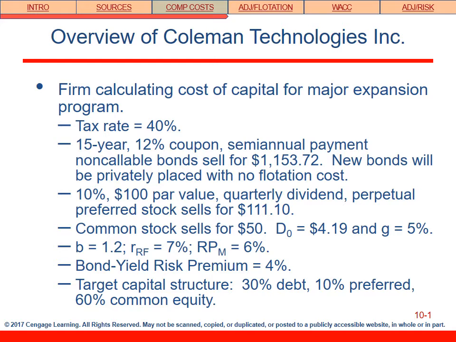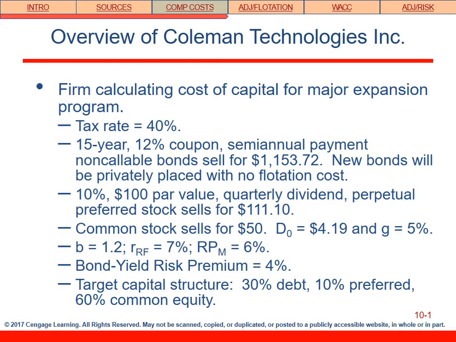For Coleman Technologies, its beta is 1.2. The risk-free rate at this time is 7%. The market risk premium is 6%. The bond yield risk premium is 4%. And the target capital structure is 30% debt, 10% preferred, and 60% common equity.